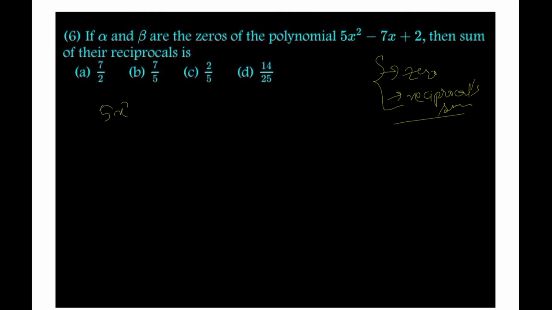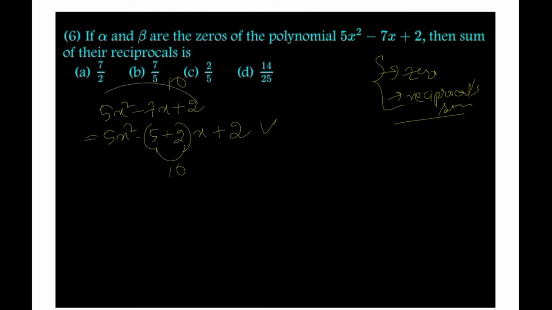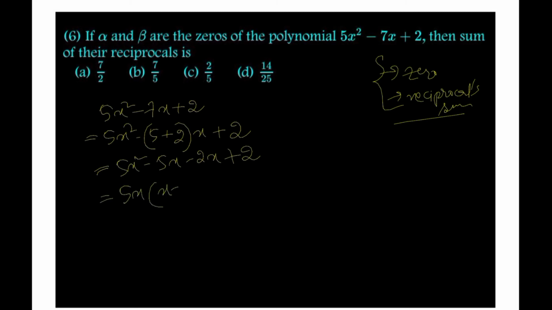5x squared minus 7x plus 2. Here we can see that the product of 5 and 2 is 10 and the sum of 5 and 2 is 7. So 5x squared minus 5x minus 2x plus 2. Now we can take 5x as common, so it will be x minus 1, and from the second two terms we can take 2 as common, it will be 2 into x minus 1.